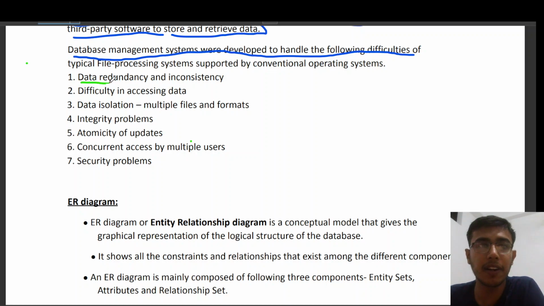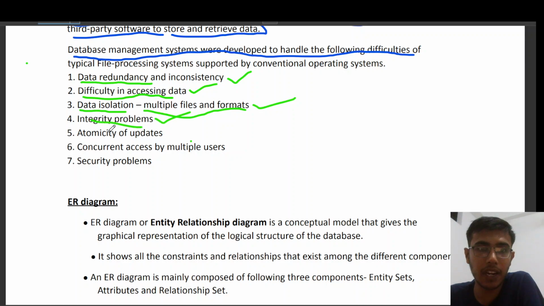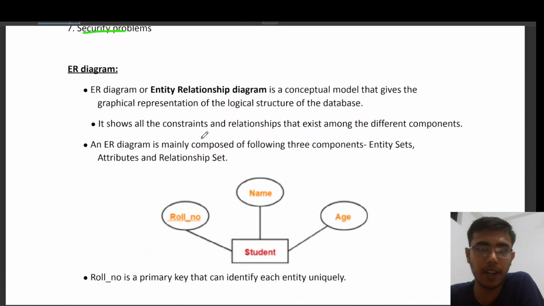Number one is redundancy and inconsistency. Difficulty in accessing data, right? It is very difficult to access data in a file processing system. Data isolation, or multiple files and formats. Integrity problems are also there, atomicity of updates, concurrent access, security problems and all, right? We will discuss it later, right?